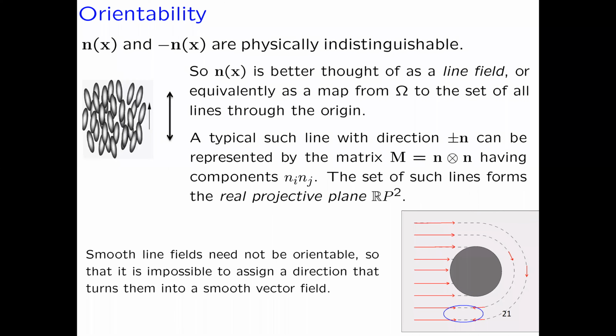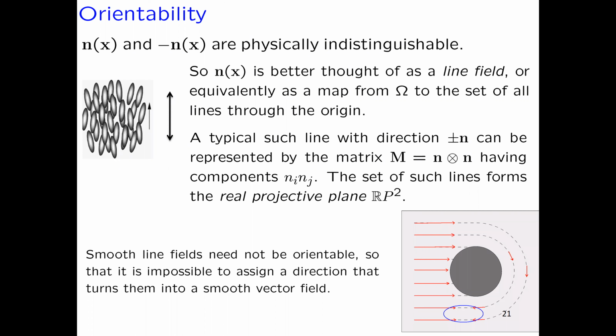So here's an example. You can either think of this two-dimensionally or three-dimensionally. So this gray disk, if you think of it as a cylinder perpendicular to the screen, and all the directions of n are going to be in the plane of the screen. So there's going to be a line field, right?